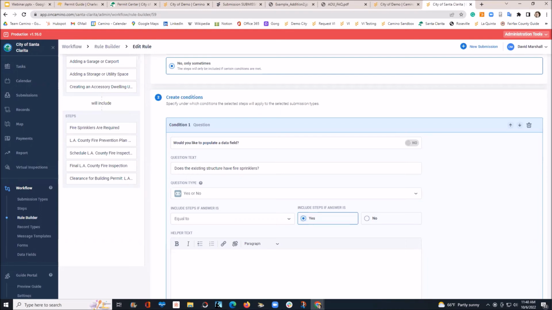But in the question about how long it takes, implementation is actually very fast. I mean, we talked to some larger cities and counties where the permit system took years to implement. With Camino, our guide takes about 3 months to implement. We had one larger city that implemented us in 1 month.